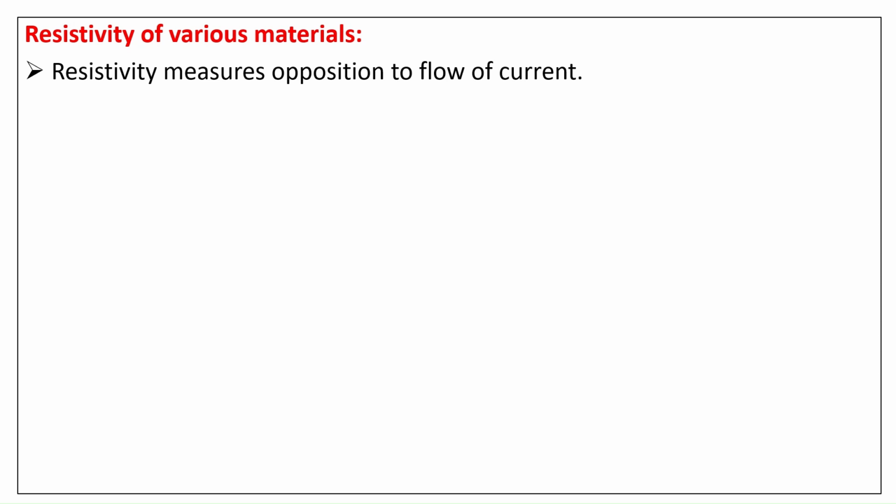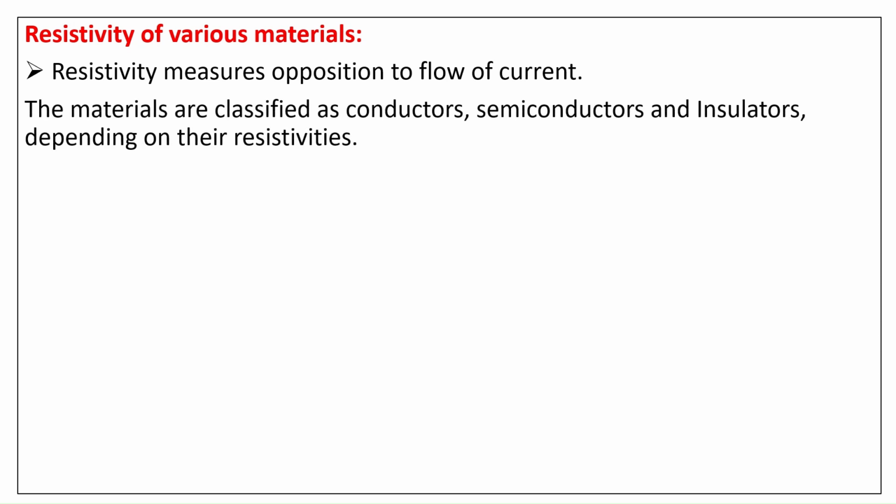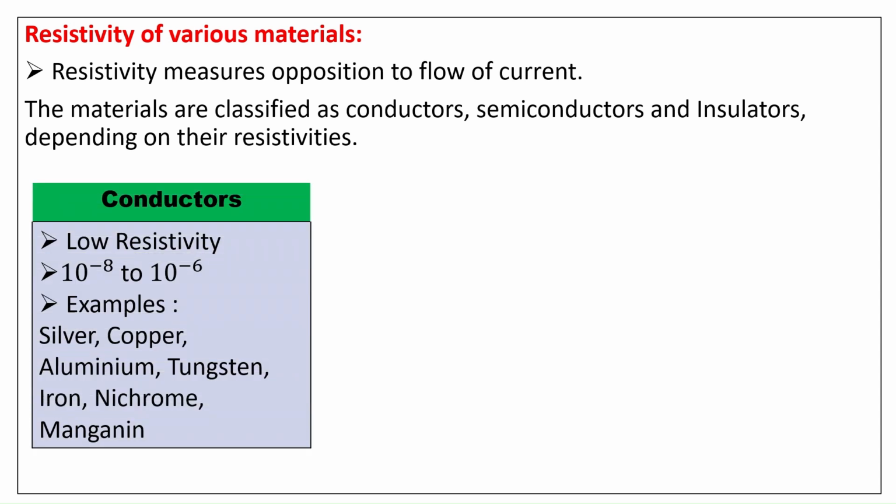Resistivity of various materials. Firstly, resistivity measures opposition to flow of current. The materials are classified as conductors, semiconductors and insulators, depending on their resistivities. Conductors have low resistivity.